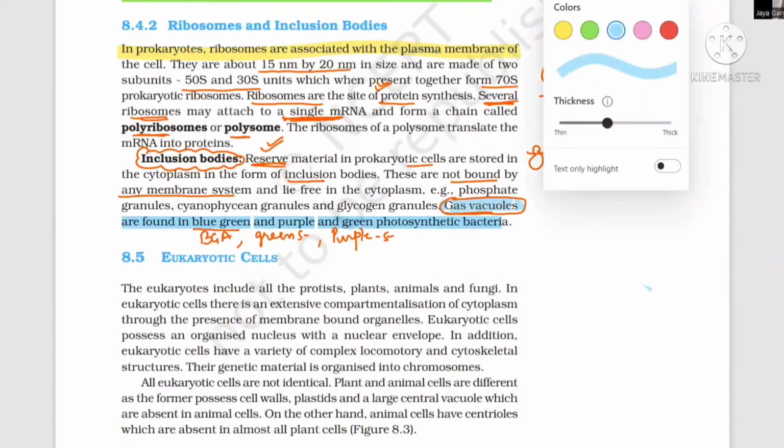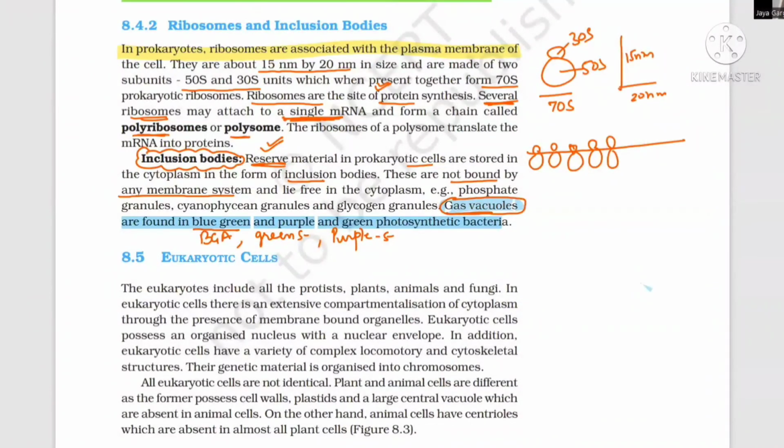Now next, important. I want to focus on the difference between cyanophycean granules and glycogen granules. Bacteria will store glycogen. Glycogen granules are made by bacteria, and cyanophycean granules are made by cyanobacteria, meaning blue-green algae.